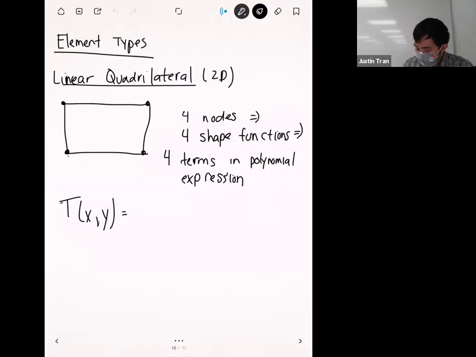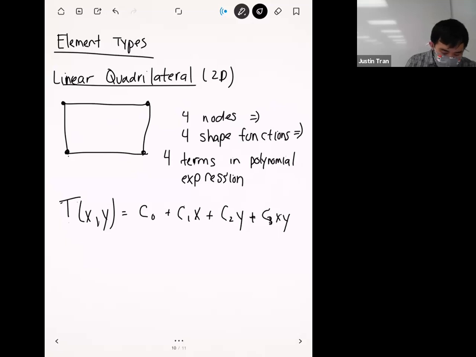Our T of x and y is going to be c0, since we always have our constant term in our polynomial. Then we have c1x and c2y, which are both the linear terms.